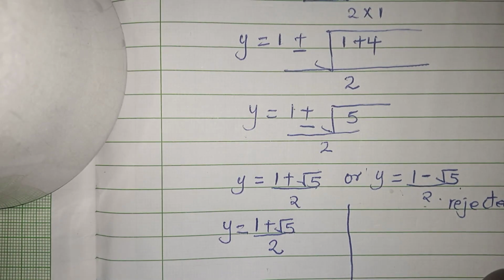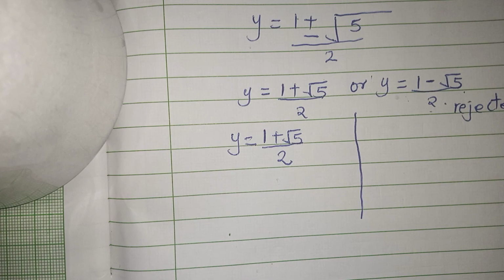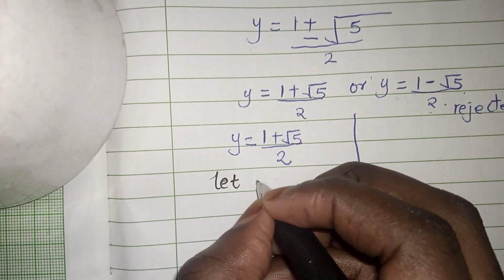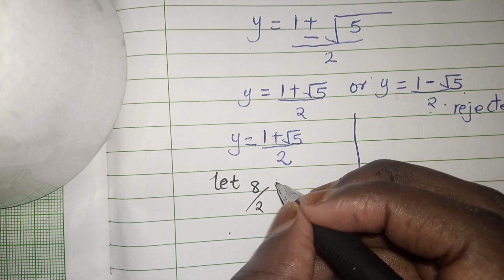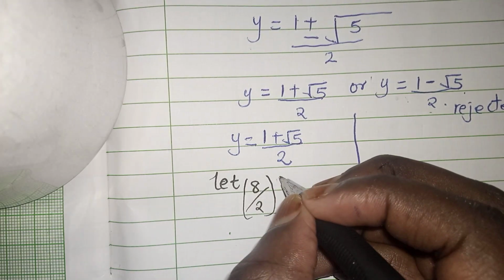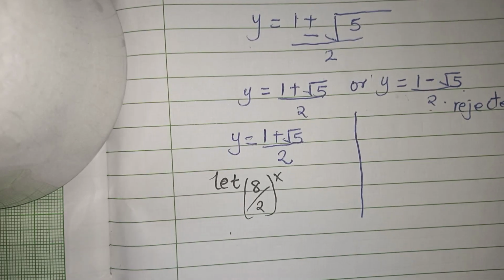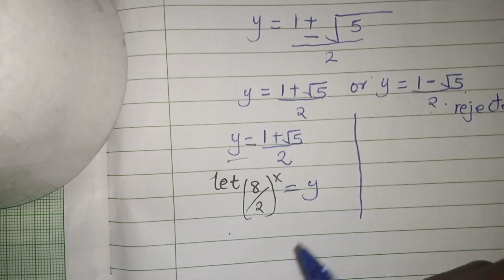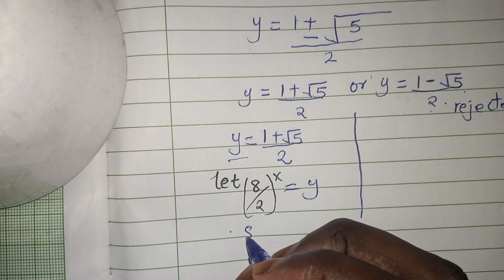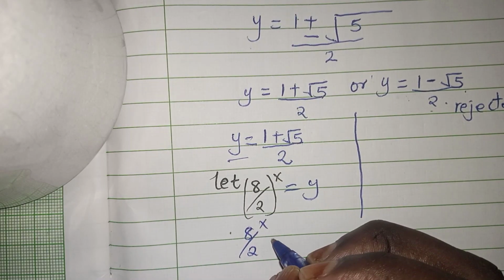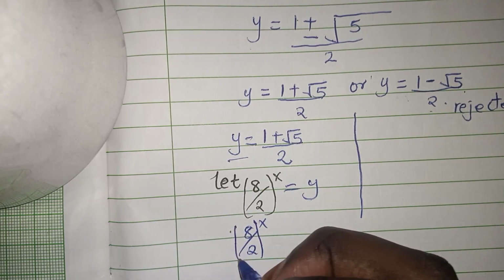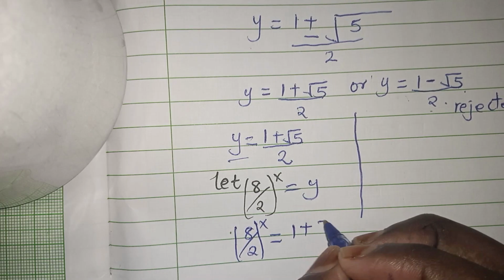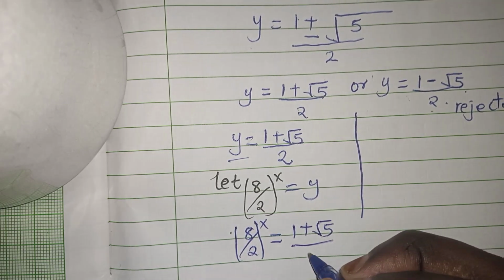And remember we had said let 8 over 2, all this to the power of x, be y. And we have the value of y here, so we can substitute here. 8 over 2 to the power of x is equals to 1 plus the square root of 5 over 2.